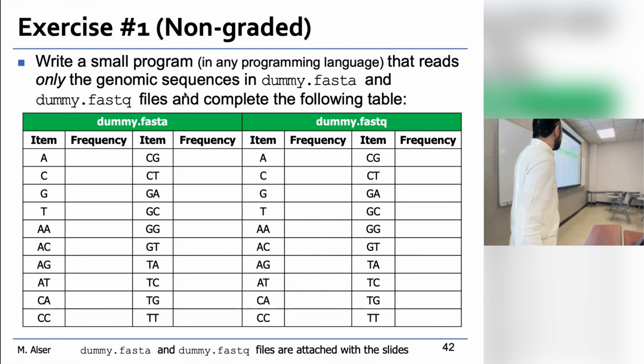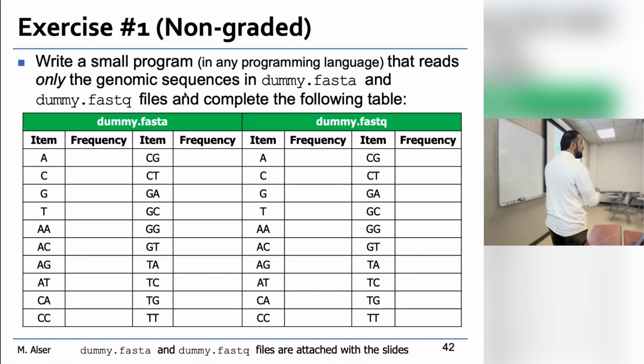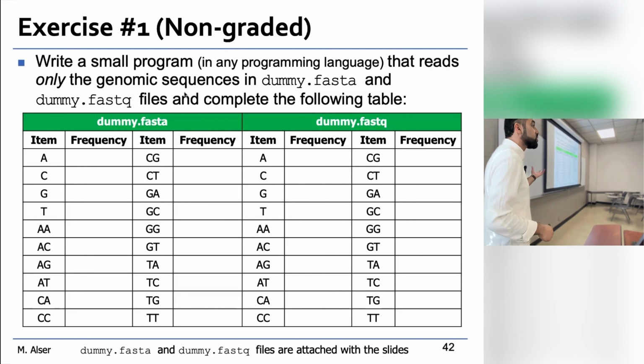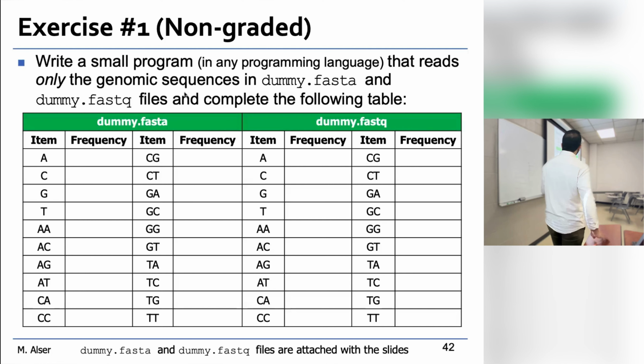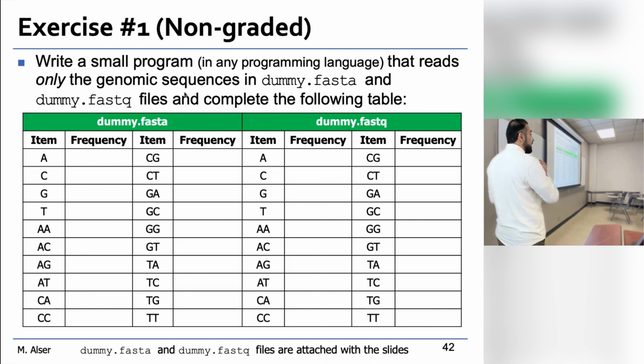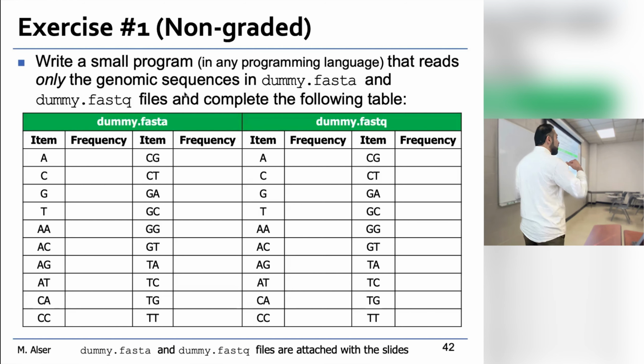But again, this is not graded. This is just an exercise for you to get your hands dirty with those files. So what I'm asking you to do is write a small program in any programming language that reads only the genomic sequences. Pay attention to that. Don't open the file and just search for those terms.